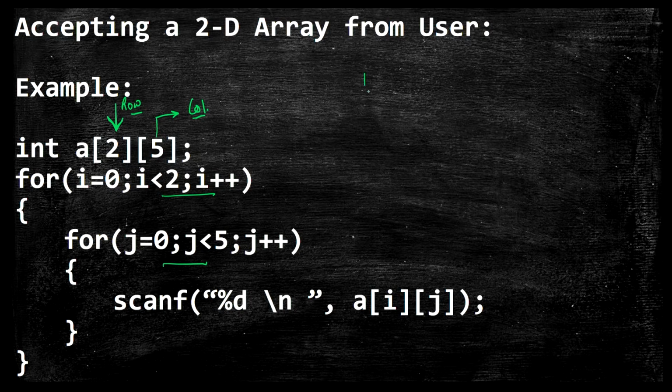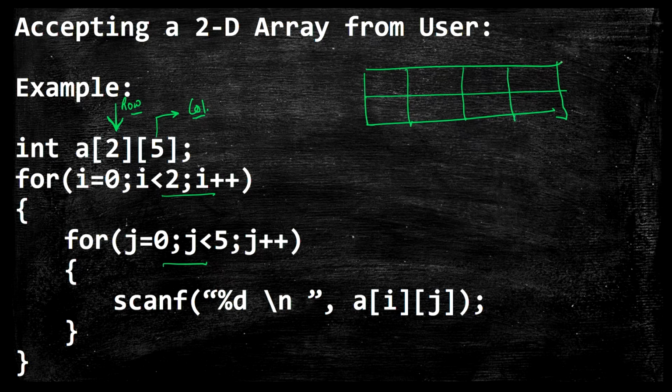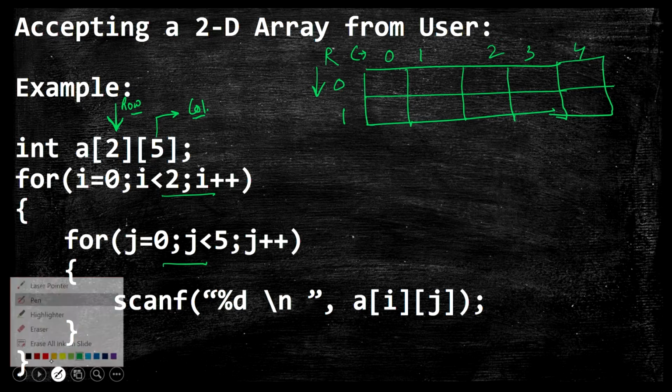Right? So what will happen in the memory? 2 rows will be created and then 5 columns will be assigned like this. This is the 0th row, 1st row, and the columns are 0, 1, 2, 3, 4. Right? Now let's see how the loop is executing.